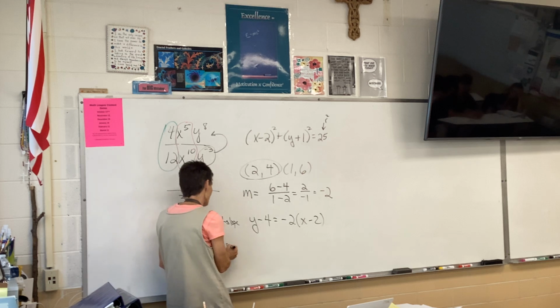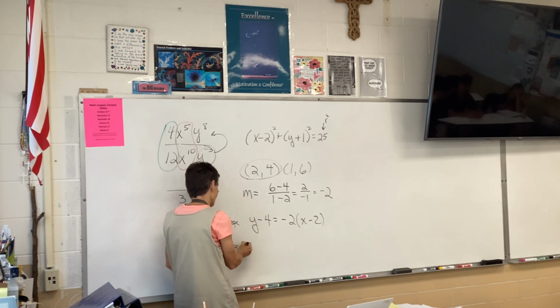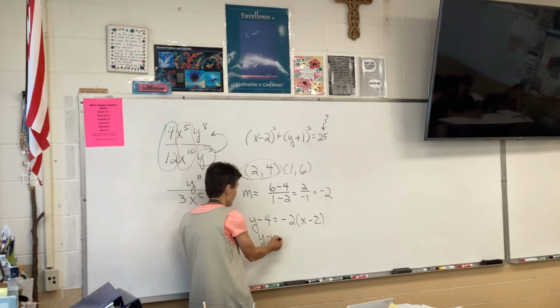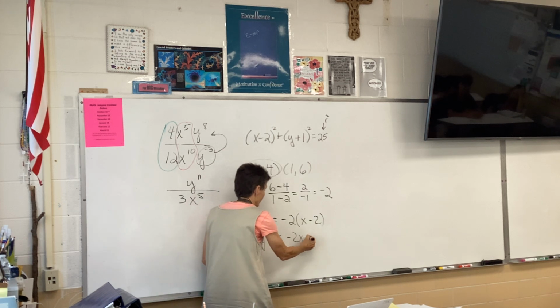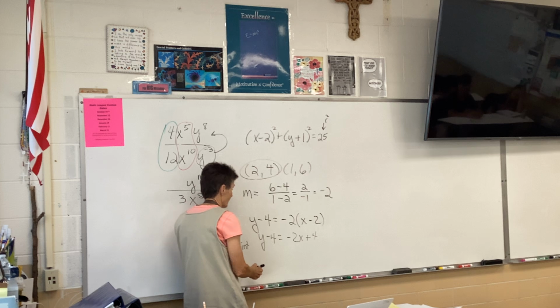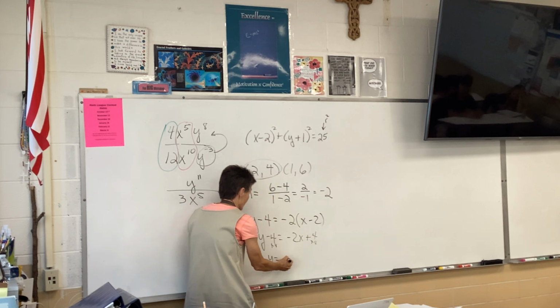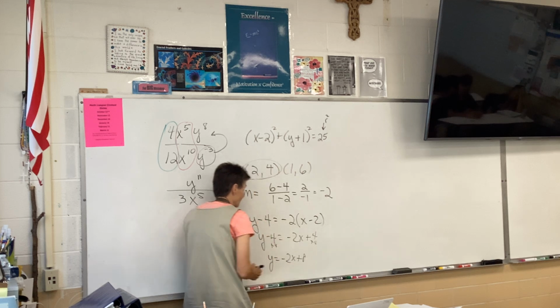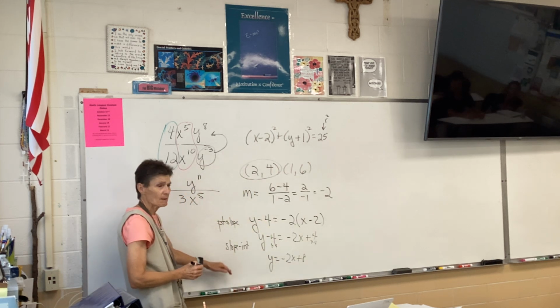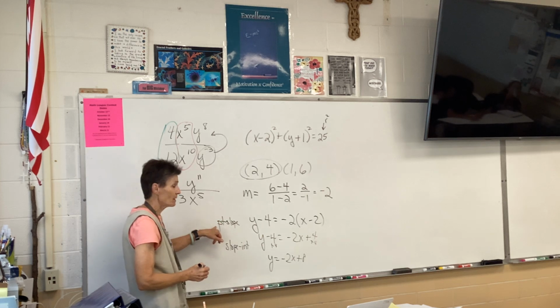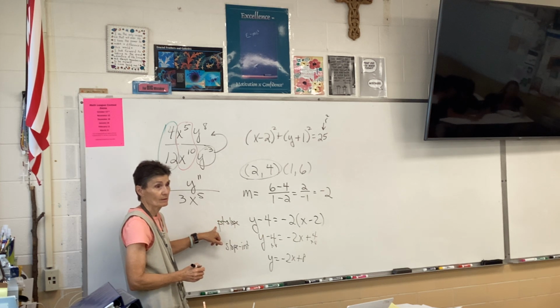What if it says slope intercept form? Then we just pick up right here and distribute, and get y by itself. So y = −2x + 8. These are the same line. They're both right answers. It just depends how we're supposed to answer.